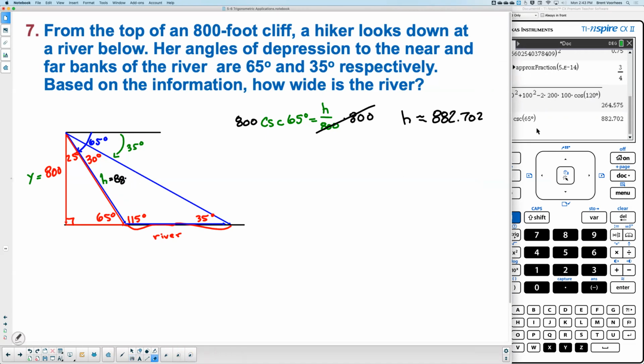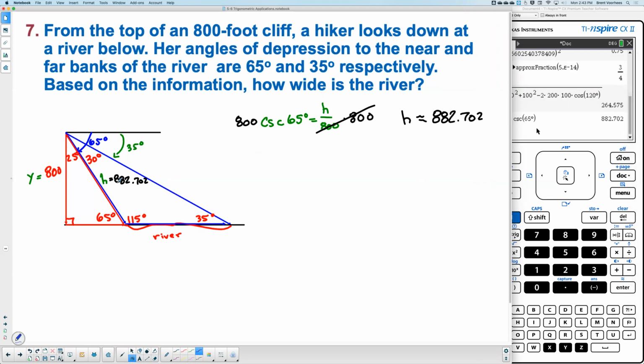Now that I know what my H is, for the other triangle I would have to use either law of sines or cosines. Have to, because it's not a right triangle. How could we solve for the width of the river? Gianna, would you use sines or cosines here? In the blue triangle, solve for the width of the river. Would you use law of sines or cosines? Very good, because we have a complete set. What's our complete set?